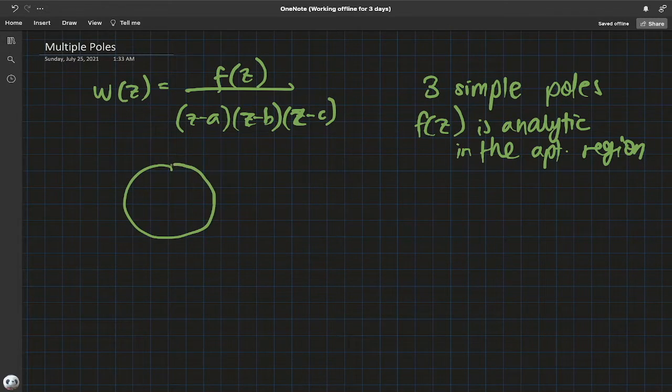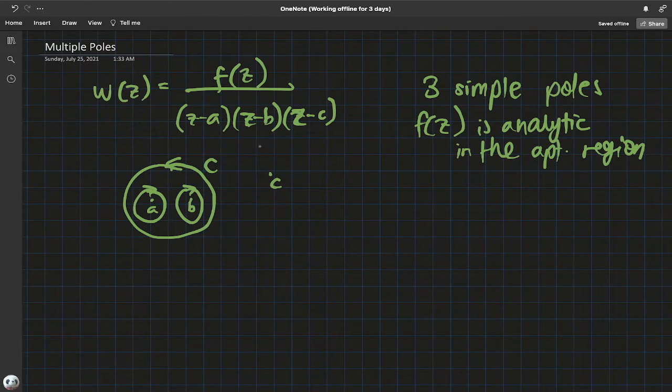So if we have a contour C here, okay, I'm just going to sketch these. Assume A is here, B is there, and C is outside somewhere.